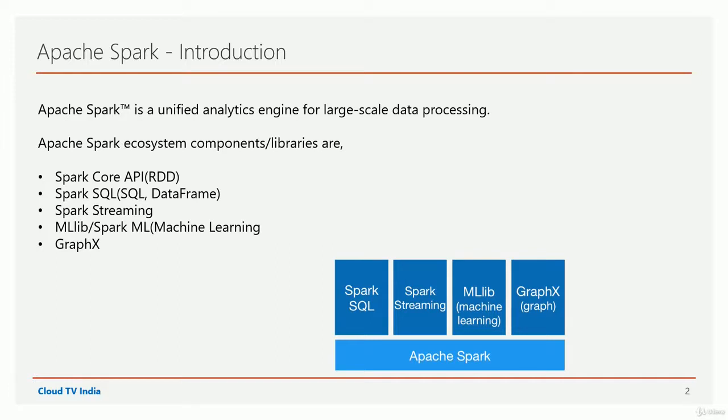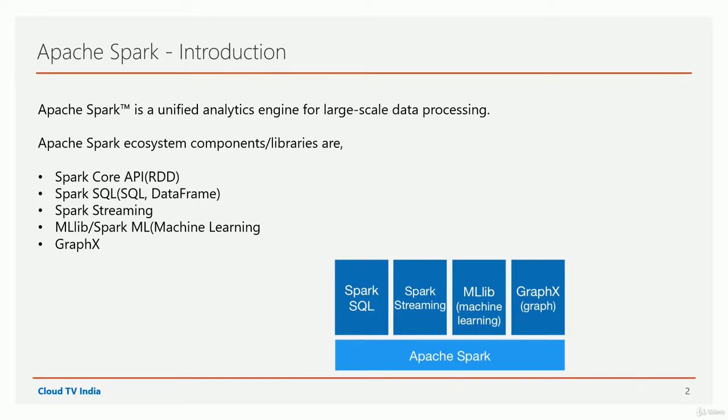When Hadoop came, it was good. It was able to process large amounts of data, but it lacked in certain areas. It was not able to do computation in a real time manner.